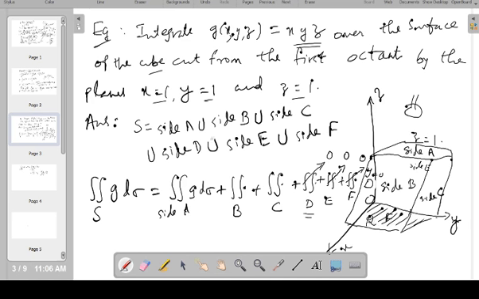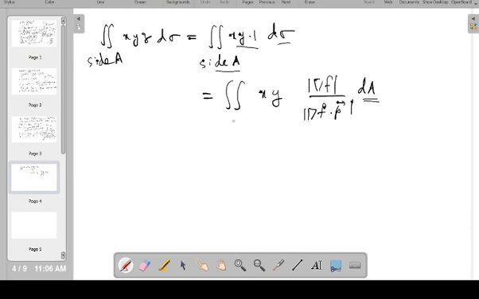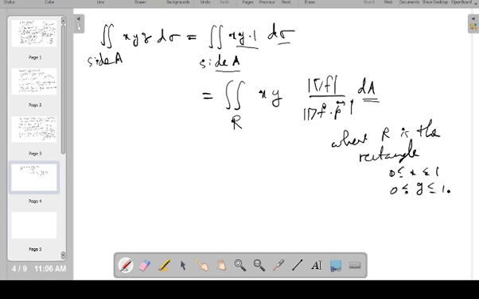It will be denoted by R, where R is the rectangle 0 less than or equal to x less than or equal to 1 and 0 less than or equal to y less than or equal to 1. Okay.